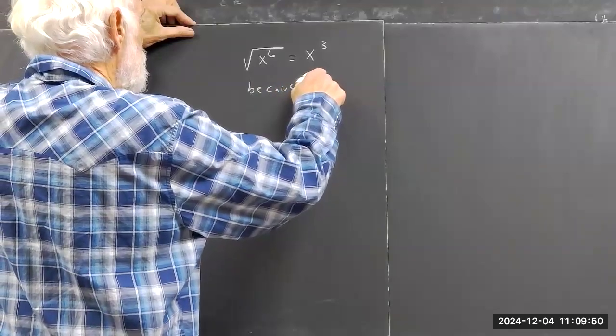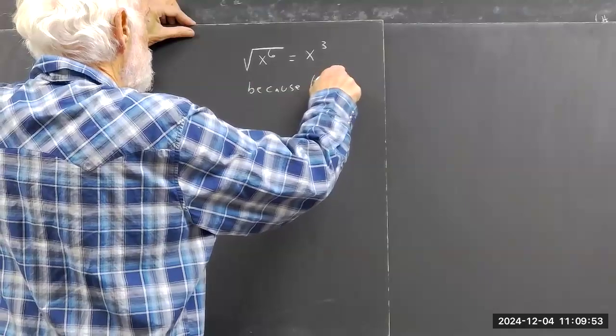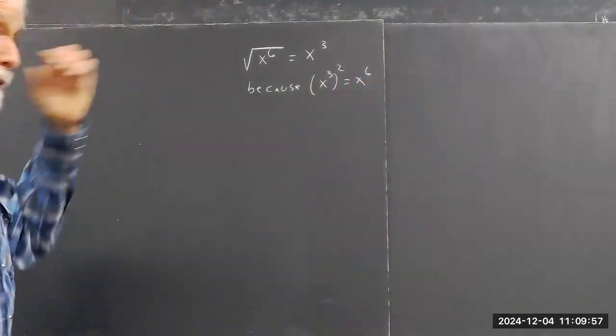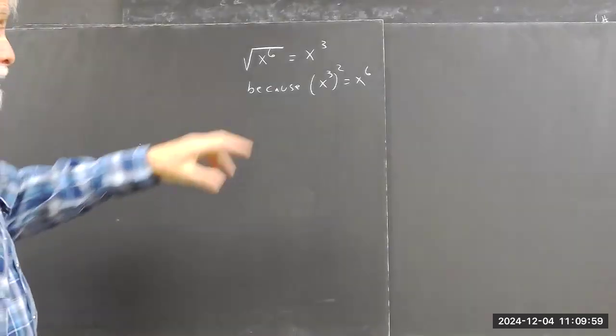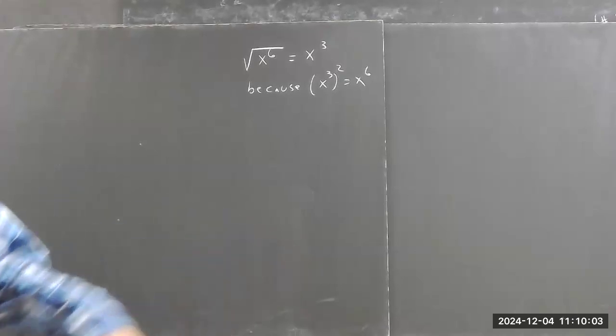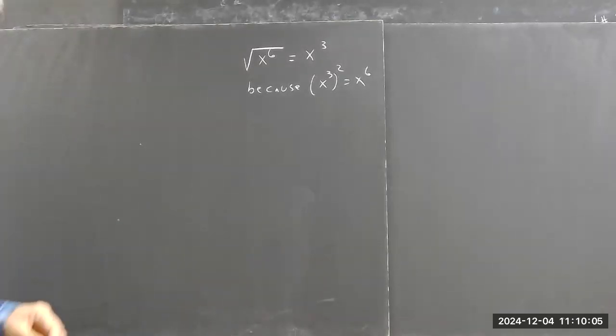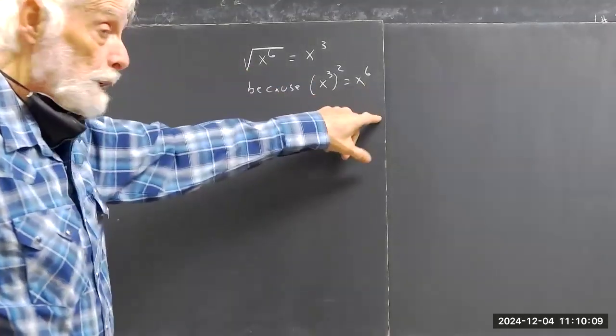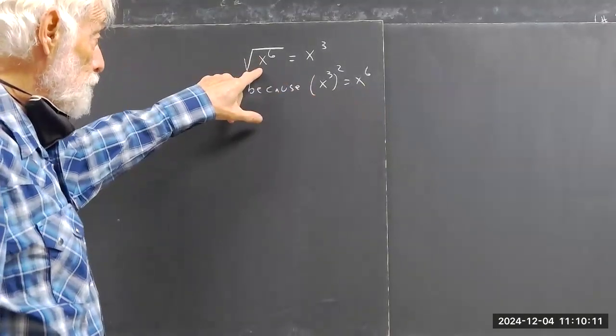Because x cubed squared equals x to the sixth. And if that's a mystery, go back to the preceding video where we developed that idea. So square root is what you square to get the thing under the square root. What do you square to get x to the sixth?